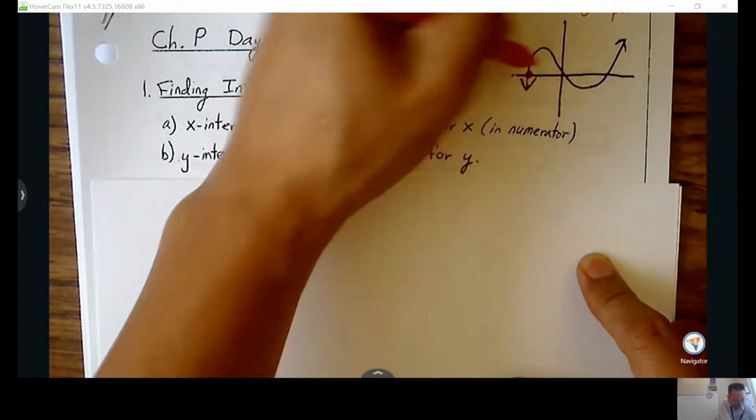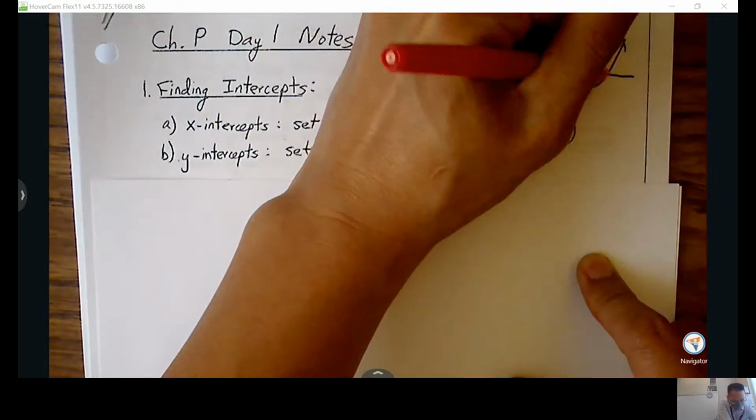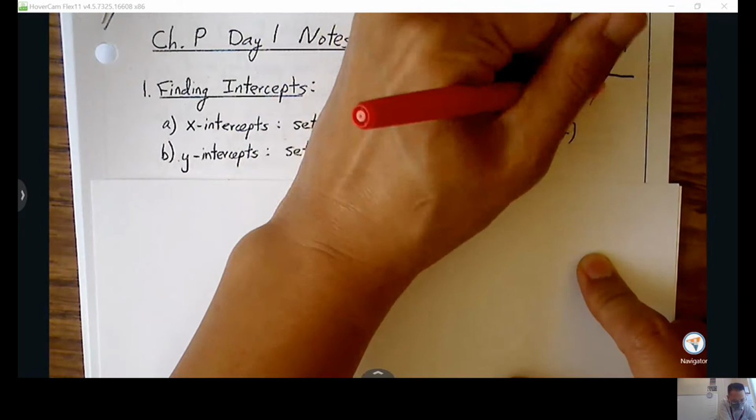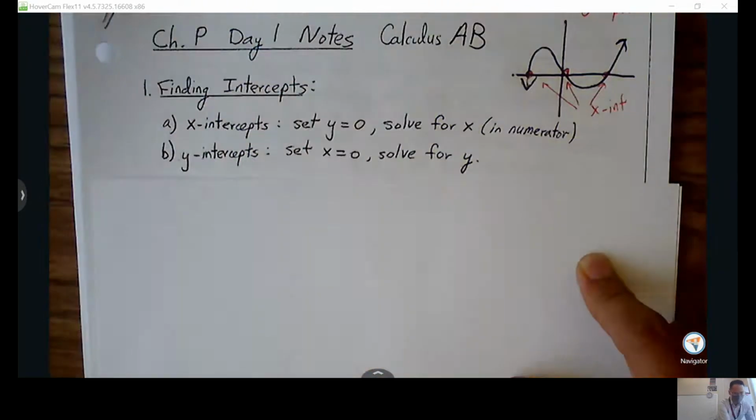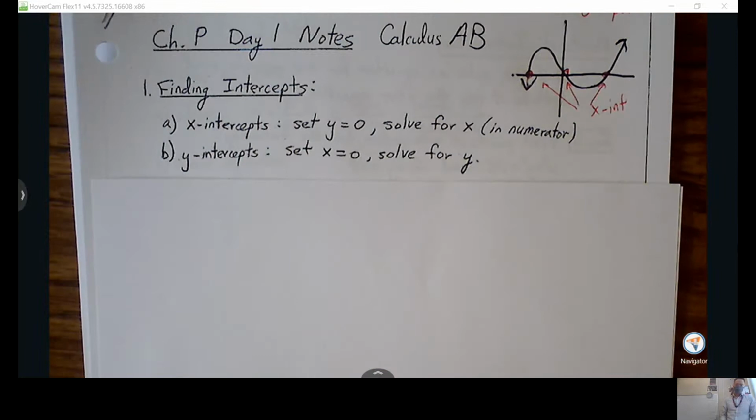These are the X-intercepts here. I can simply replace the Y with 0 and then solve for X. If it's not factorable, then we would just use our calculators and find those X-intercepts.